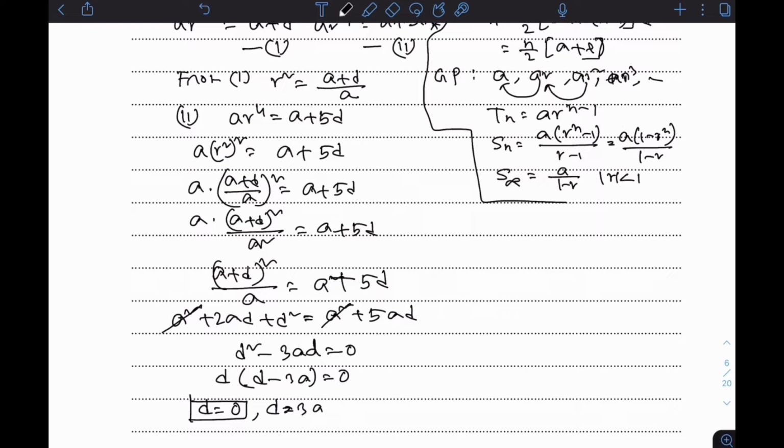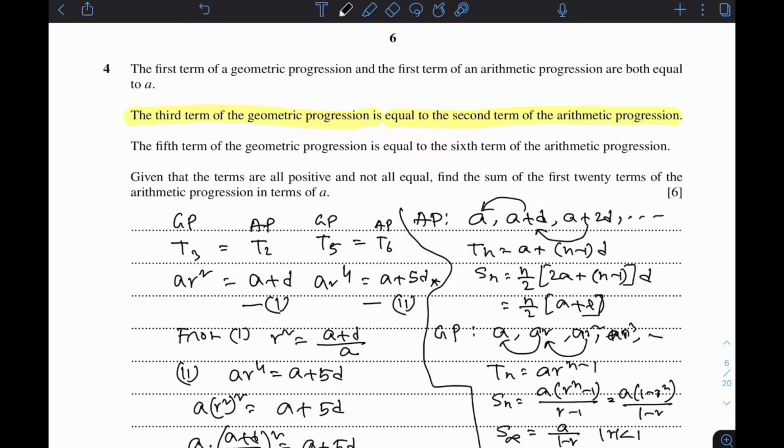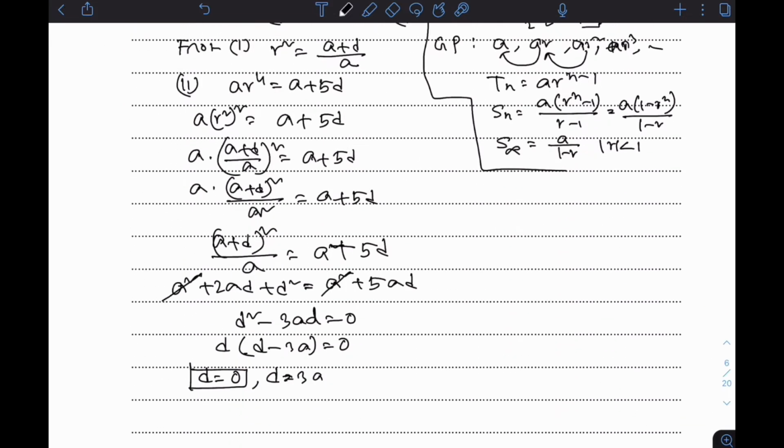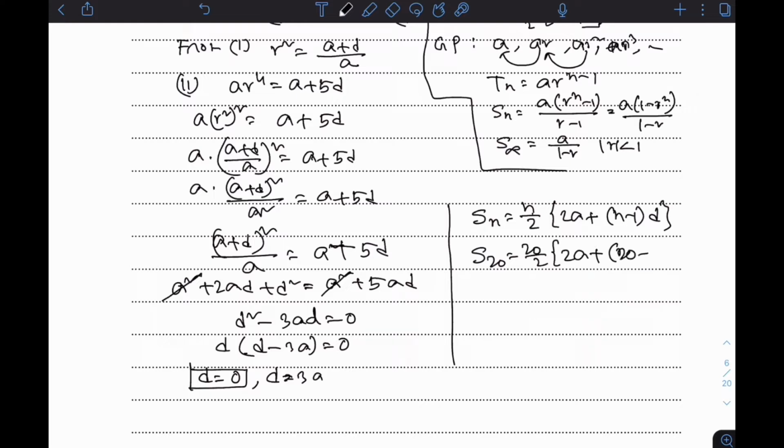Now we are going to find the sum of the first 20 terms of the arithmetic progression in terms of A. We have learned Sn equals n by 2 (2A plus (n minus 1) D). So the sum of 20 terms is 20 by 2 (2A plus (20 minus 1) D), where D is here 3A.